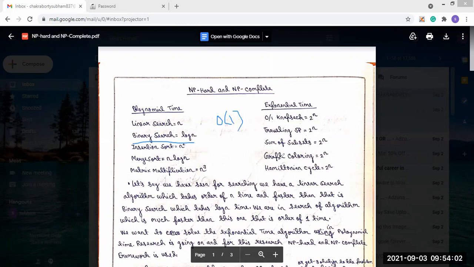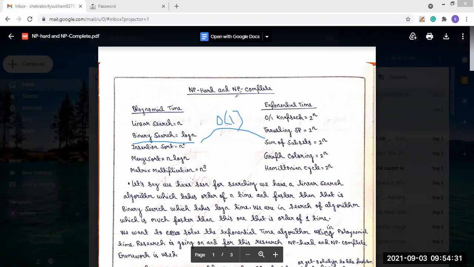Or for all the algorithms taking exponential time, can we solve them in polynomial time? This is what the research is about: NP hard and NP complete.